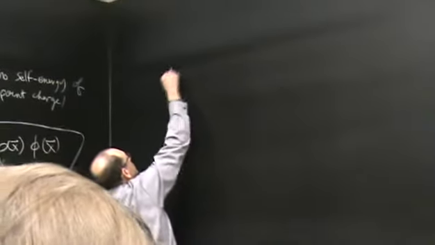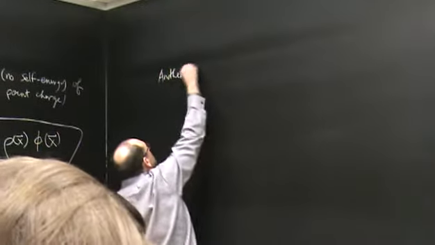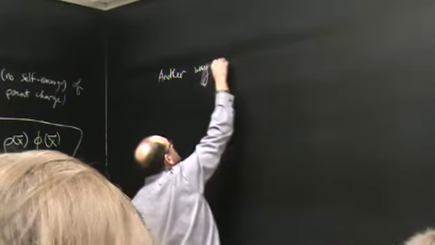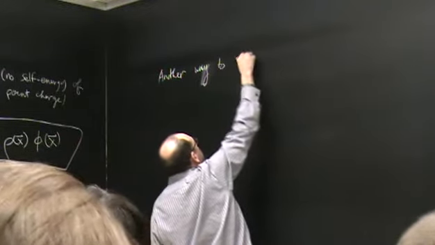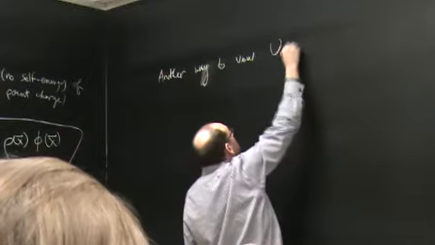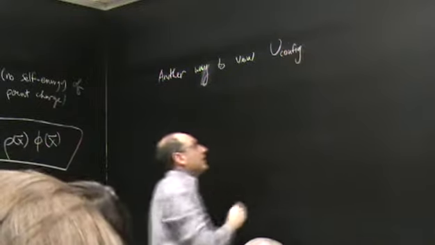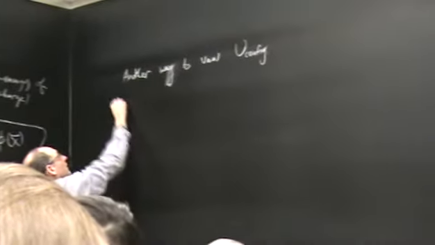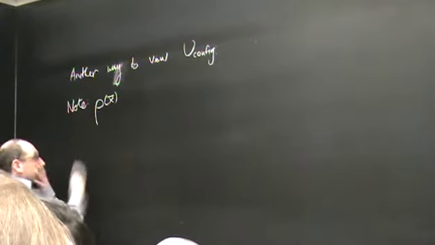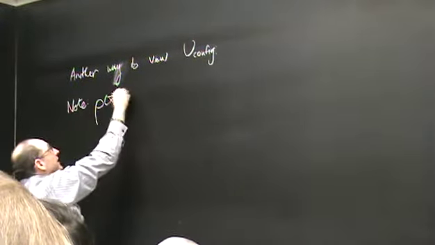Of course, note that rho is equal to 1/4 pi times the divergence of the electric field by Gauss's law.